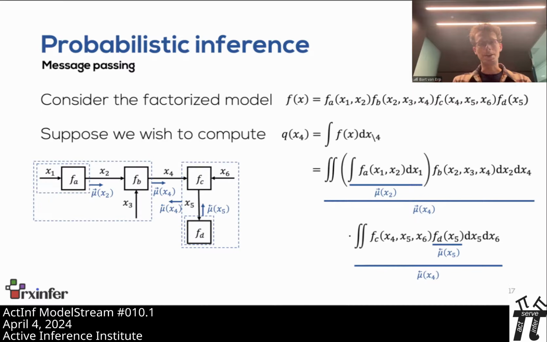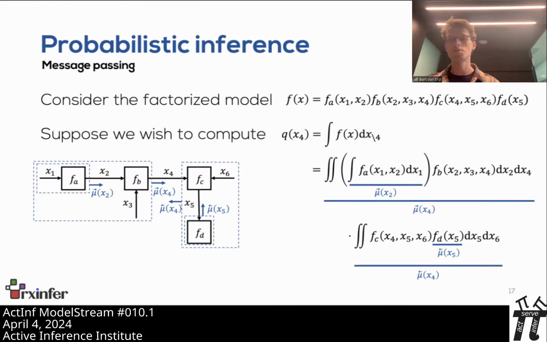The funny thing here is that the marginal we're interested in, this q of x4, is now simply the product of mu of x4 times the other mu, so the messages that are colliding on that edge, and then of course renormalized. That marginal distribution can be computed on a very local level by multiplying the messages flowing over these edges, hence making it very efficient to solve this integration problem.